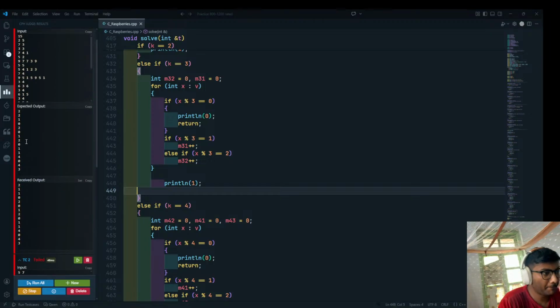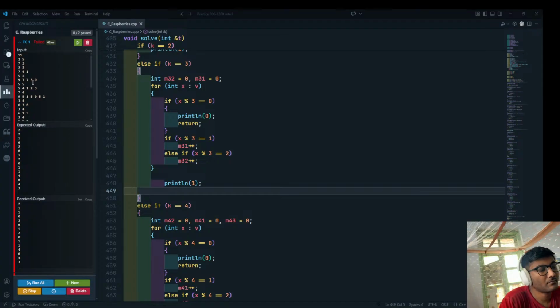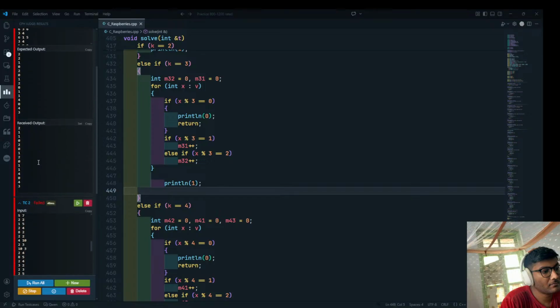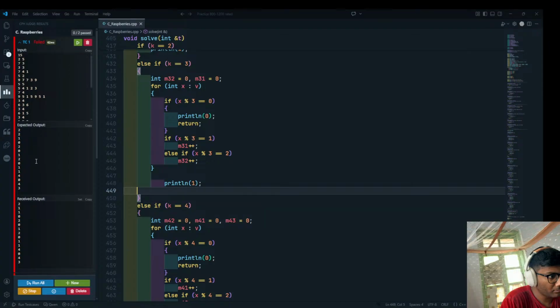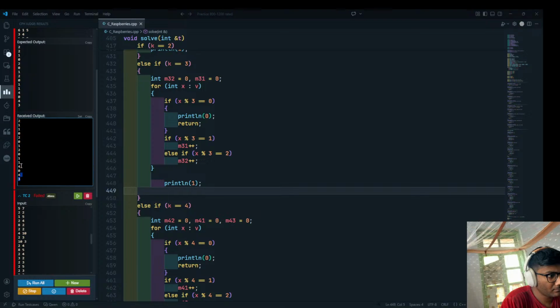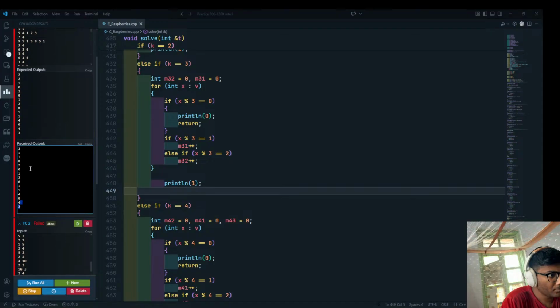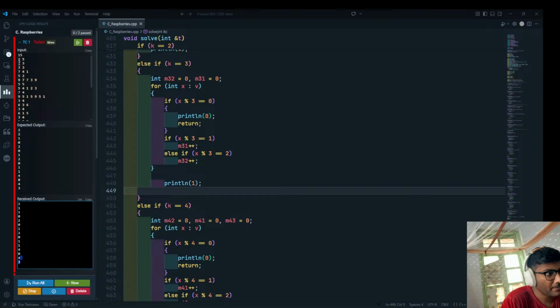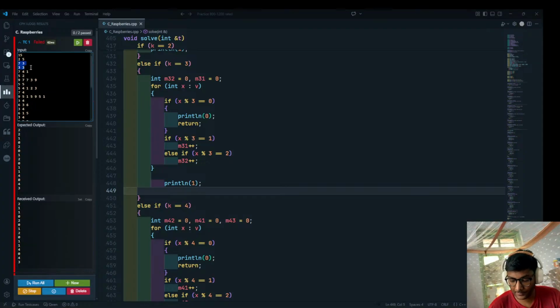Let's check the upper one. 2 to 1, 2 to 1, 0, 2, 0, 1 to 0. Okay, the second one is 2. Okay, 7, 3, 3, 3 are 9. The answer should be 0.